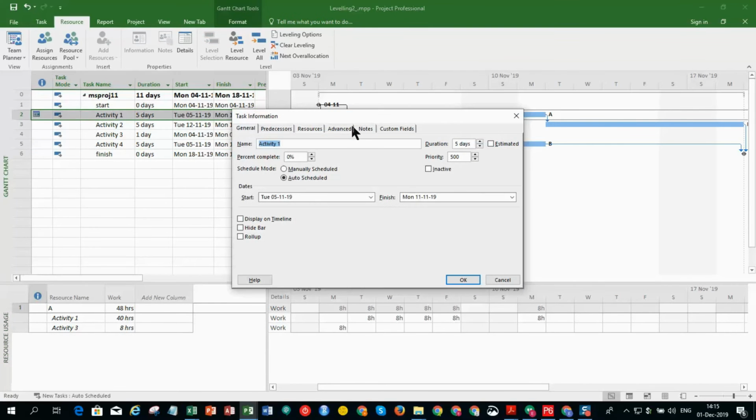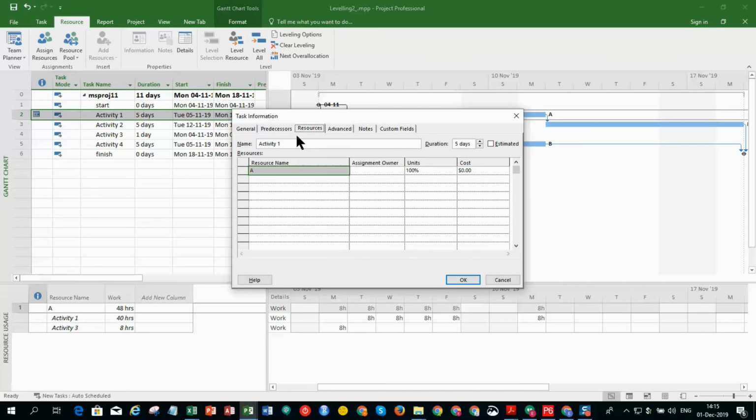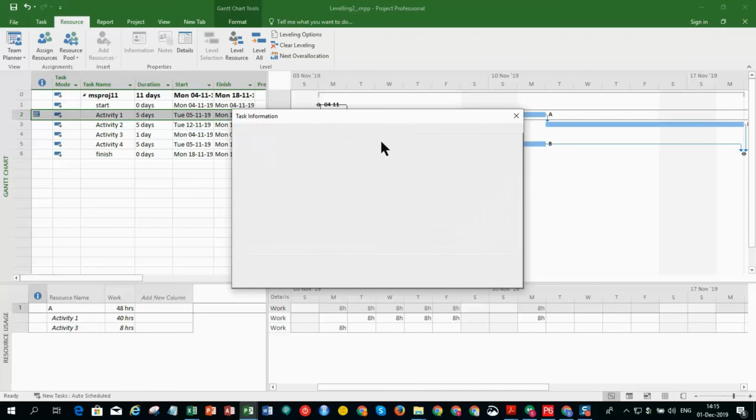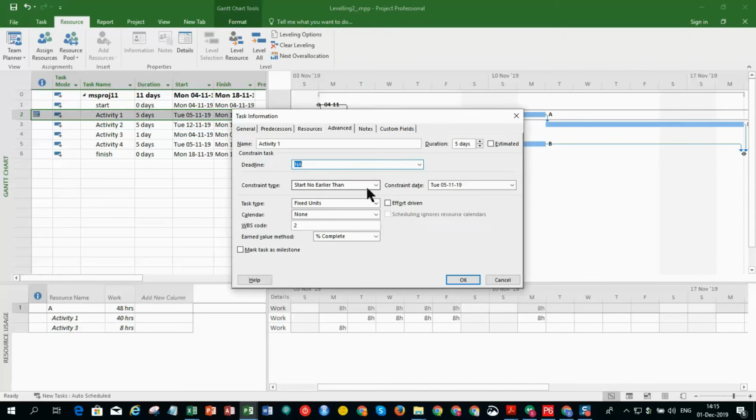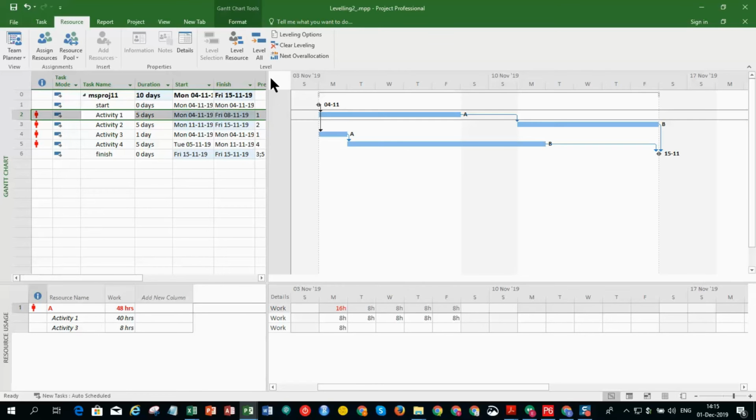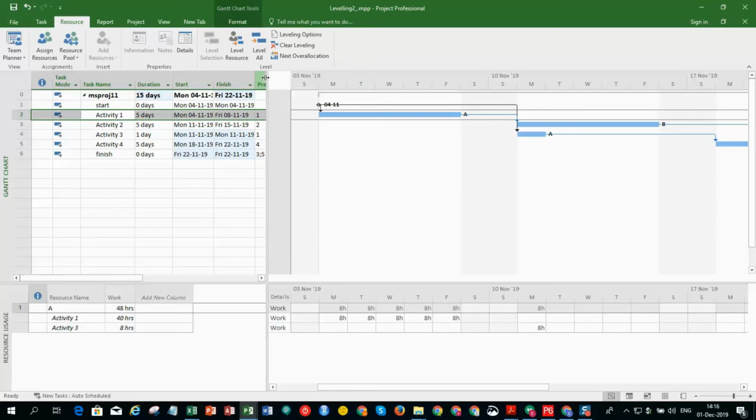Now, let's remove the manual resource leveling, which I have done, and let's ask Microsoft Project to find a solution. So for it, we go once again, level all. And what do we see?